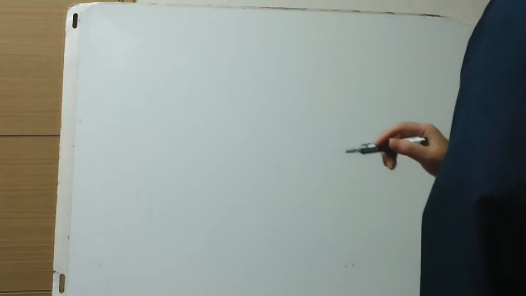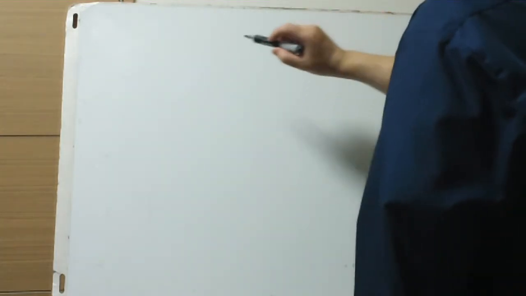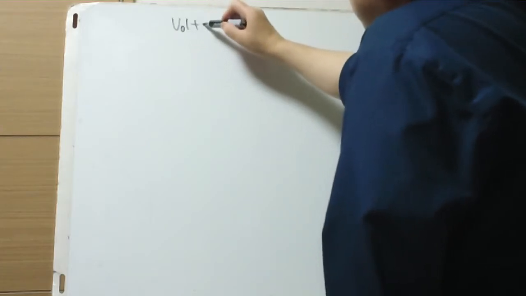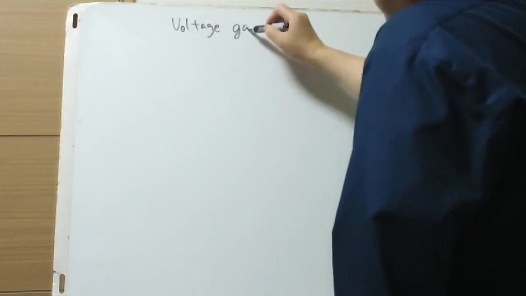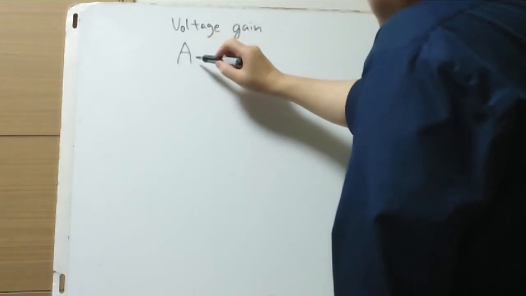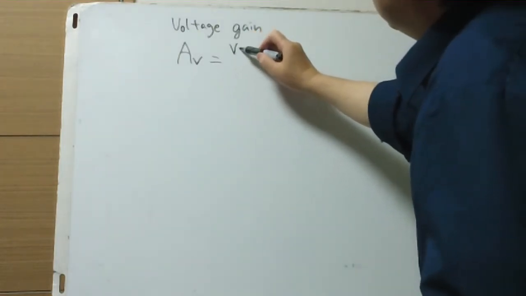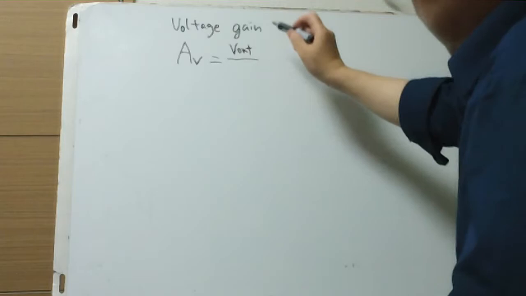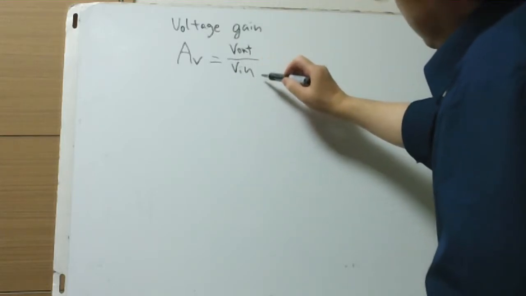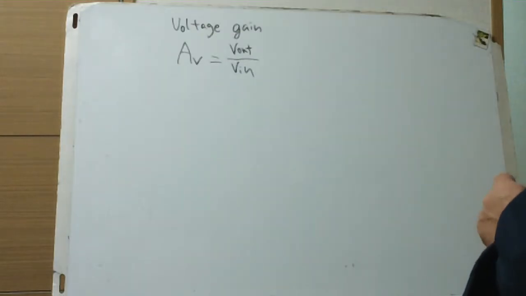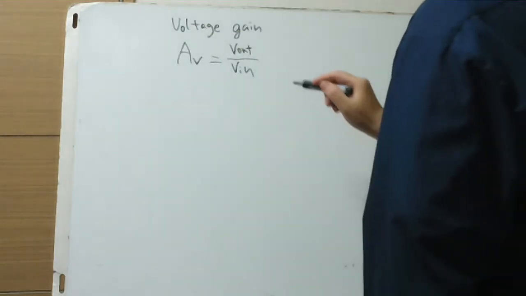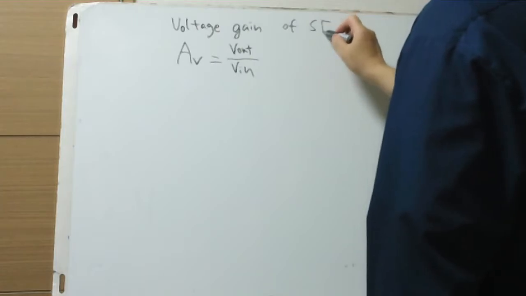Using an easy way to find the output voltage divided by Vin, which is the voltage gain, written as capital A sub V, voltage gain equals output voltage divided by input voltage, which has no dimension, for a simple source follower.